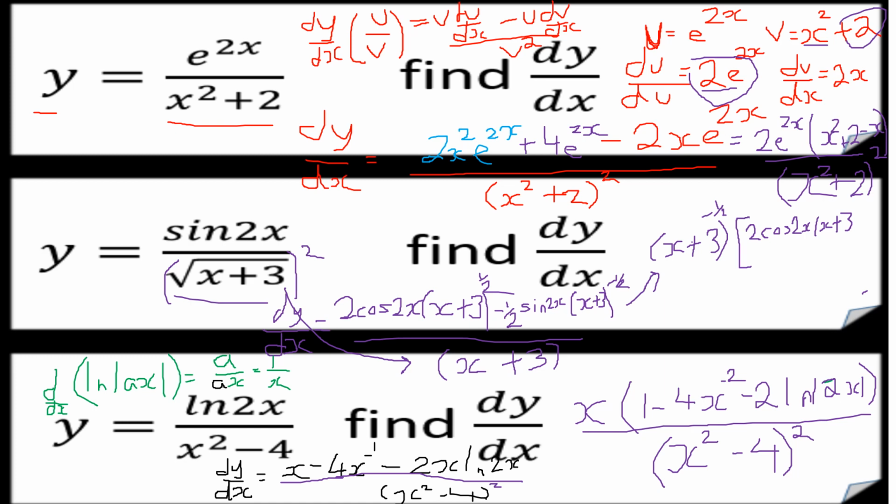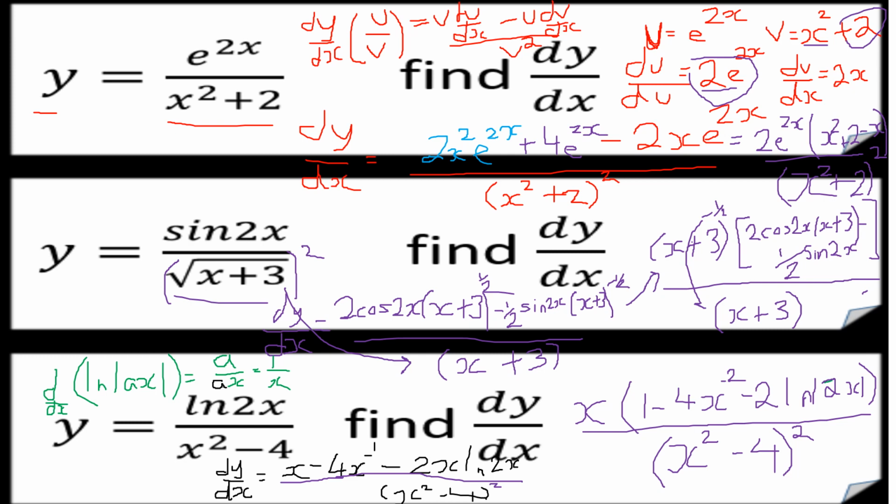And then it'll be minus 1/2 sine 2x, and then close your square brackets. That would all be over x plus 3. To make it tidier, I can bring this down with this one, because the minus flips it.